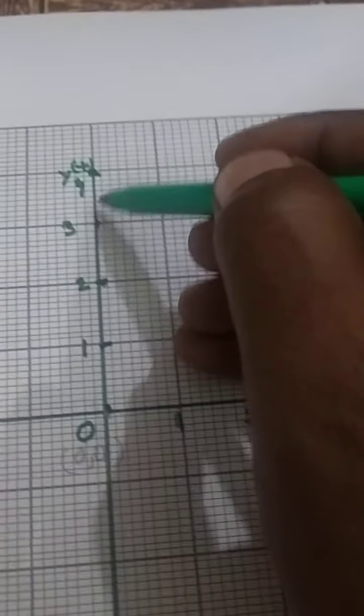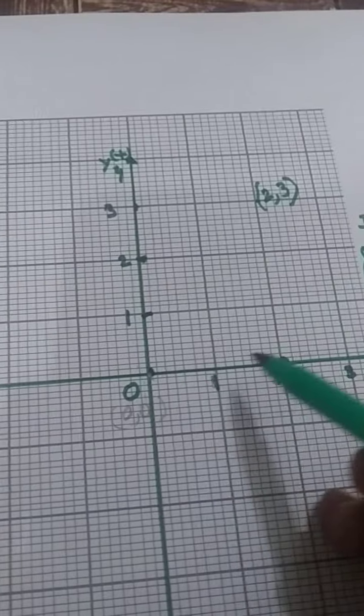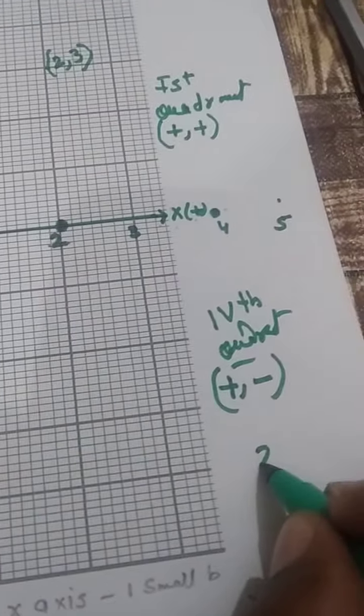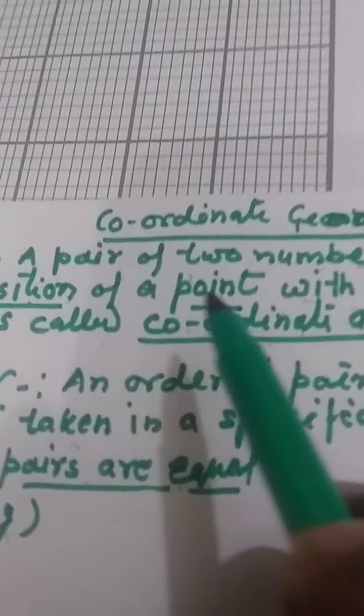Here we are talking about these, the coordinate axes. If we have to represent, see here, the coordinate 2, 3, the position of a point with respect to two mutually perpendicular number lines.